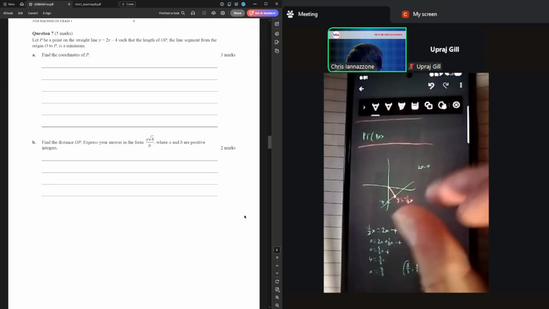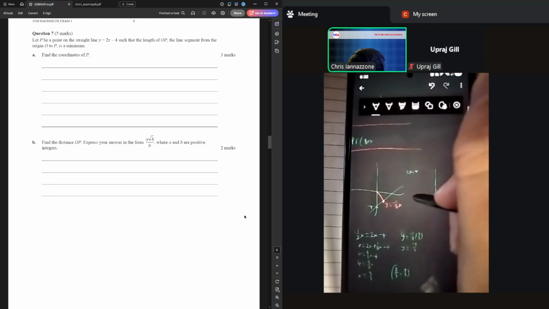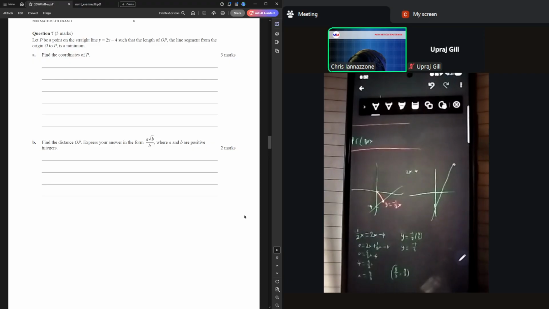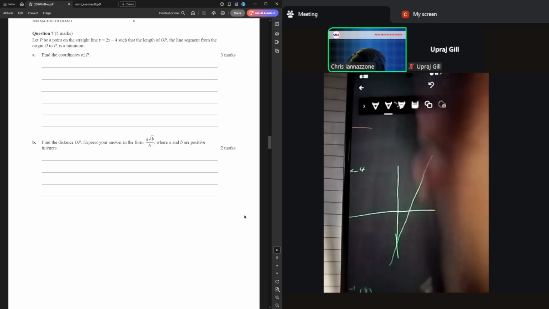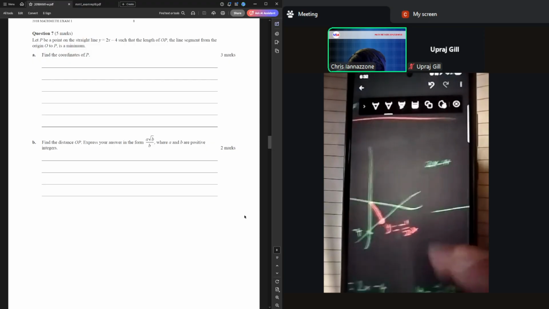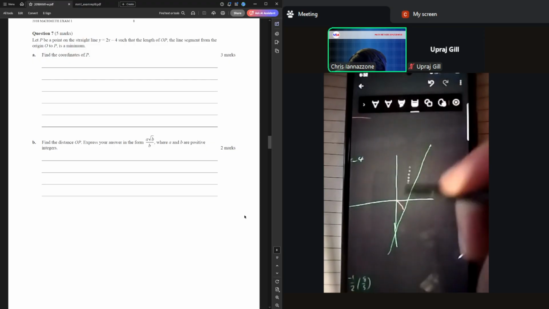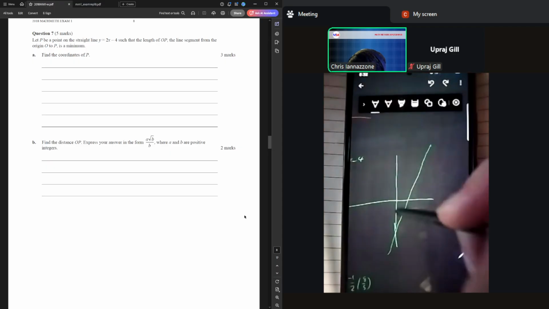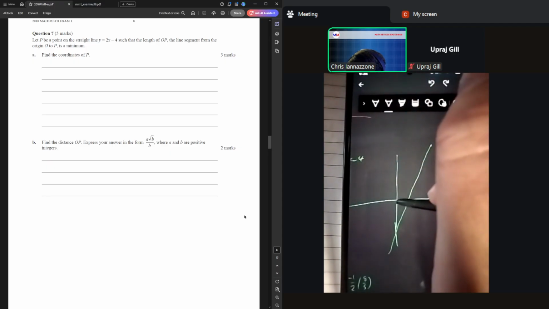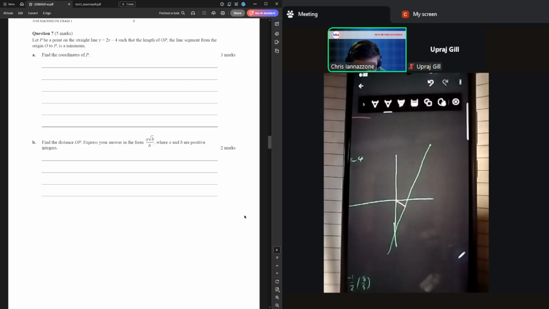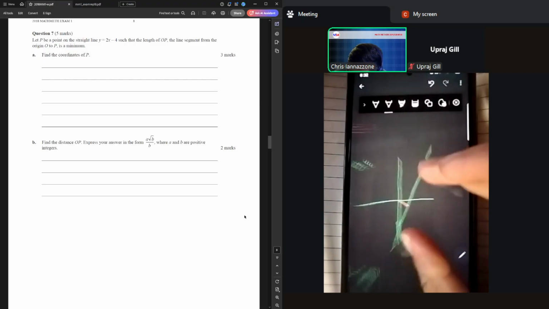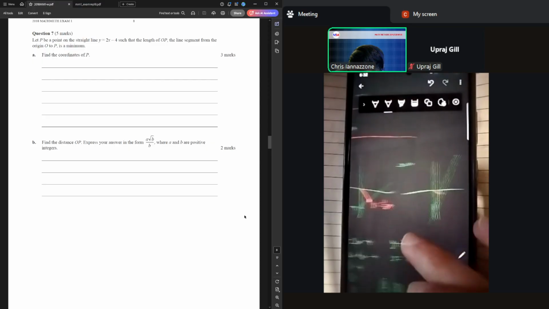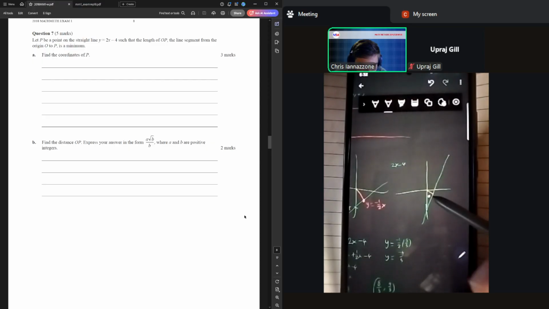Let's say I draw a separate set of axes, quite steep like that. Perpendicular now adjusts to be like that, so perpendicular doesn't necessarily just mean it maintains that gradient. As your gradient changes, so too does what the perpendicular distance would be.